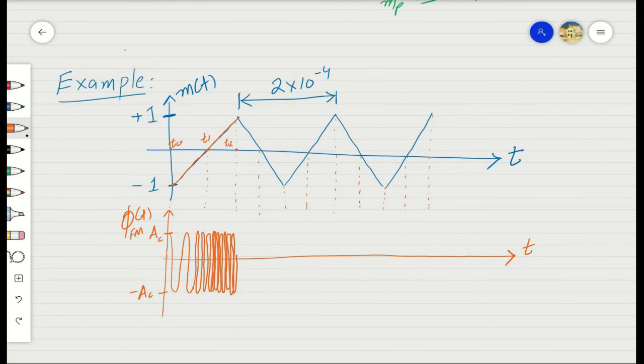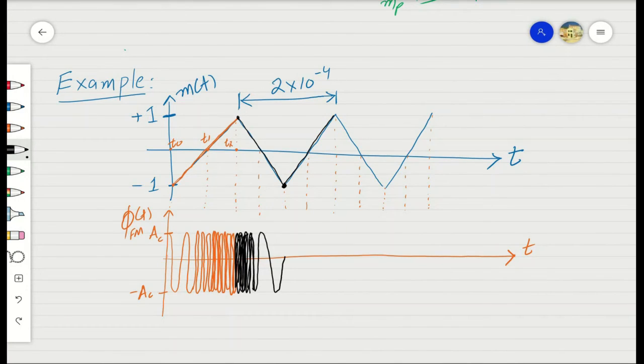So with an increase from -1 to +1 in the amplitudes of information signal, an increase in the frequency of the modulated signal is generated, as the information signal's amplitudes are being directly translated on the frequencies of the modulated signal. Similarly, with a decrease in the amplitude of information signal, we'll experience a decrease in the frequency of the modulated signal.